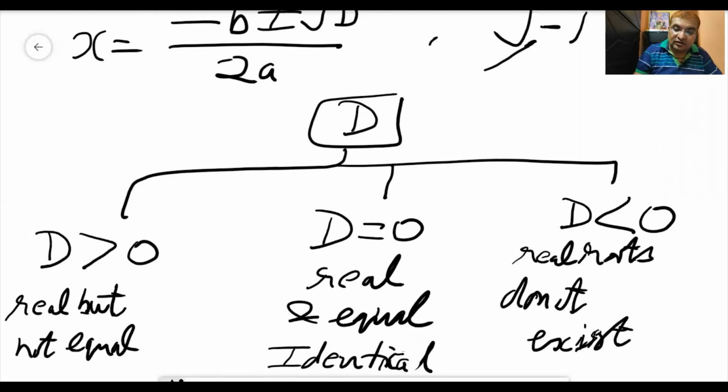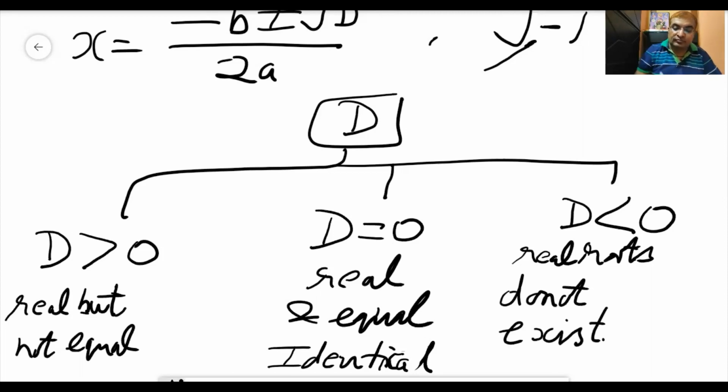So whenever you solve an equation, please always remember that these are the three possibilities. There is no other fourth possibility. So that is the summary of the nature of roots in a quadratic equation.